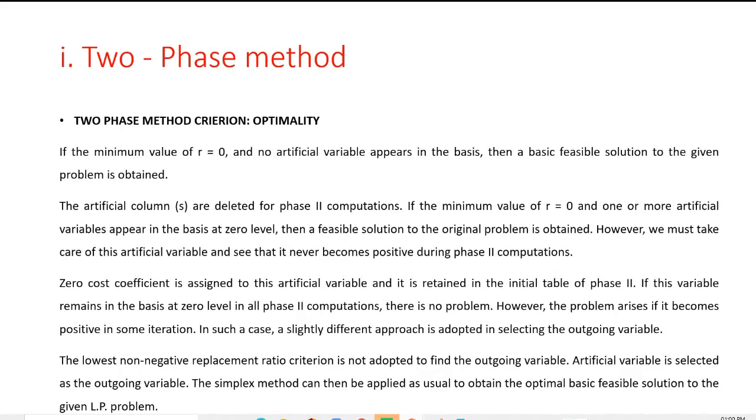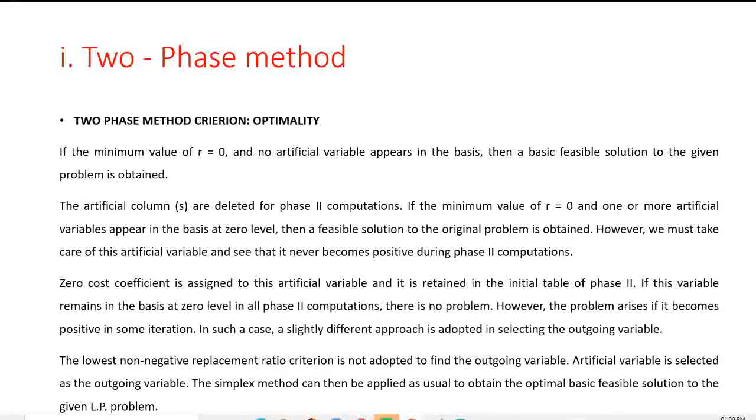For the phase 2 criteria, that is for optimality, if the minimum value of r equals 0 and no artificial variables appear in the basis, then a basic feasible solution to the given problem is obtained. The artificial columns are deleted for the phase 2 computation.